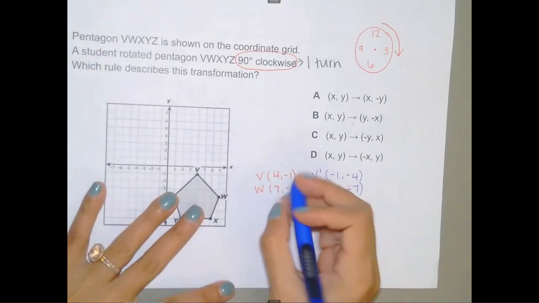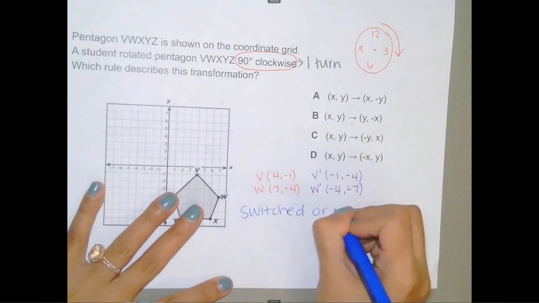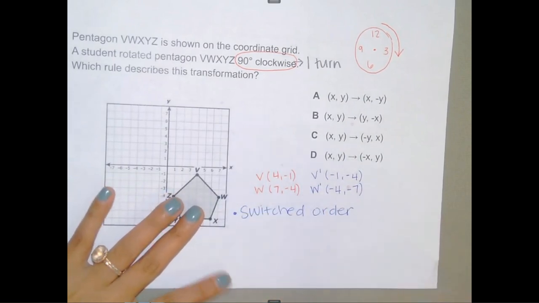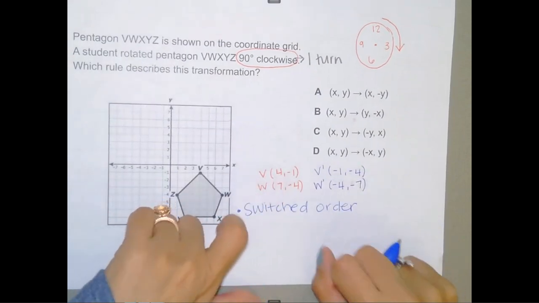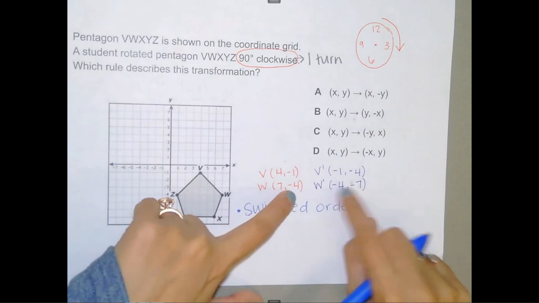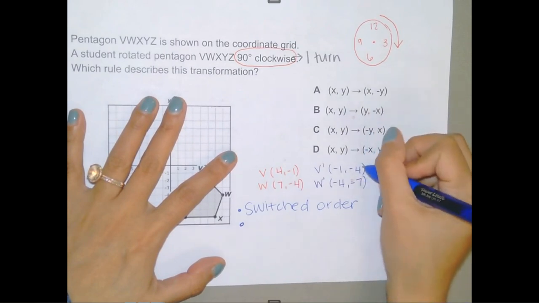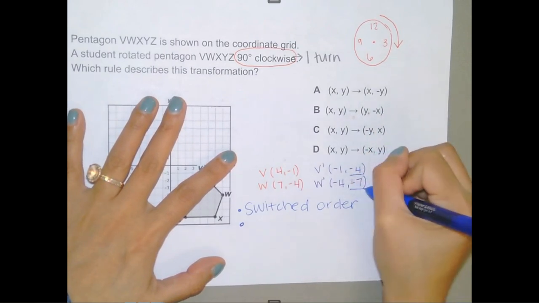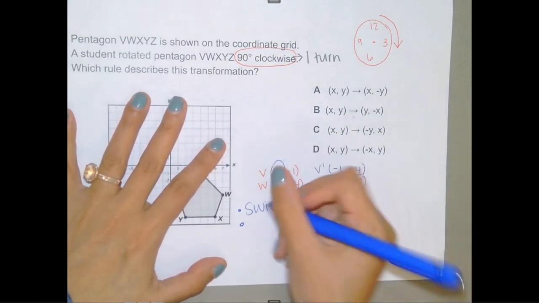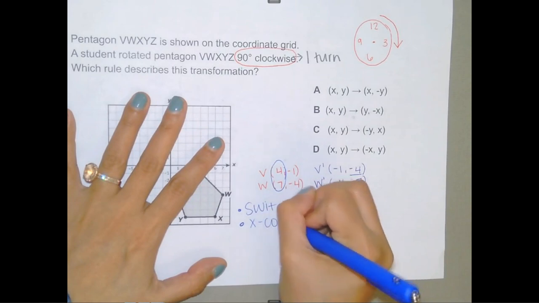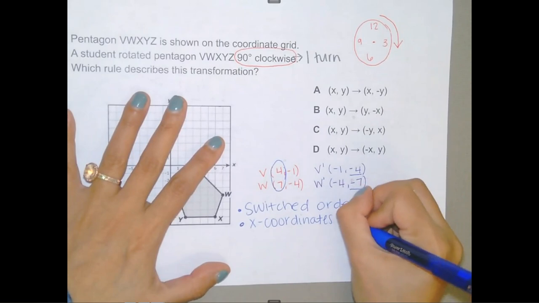So they switched order. 4 became a negative, -1 stayed the same. 7 became a negative, 4 stayed the same. So 4 became negative, 7 became negative. Those were originally my x coordinates. So my x coordinates are inverse.